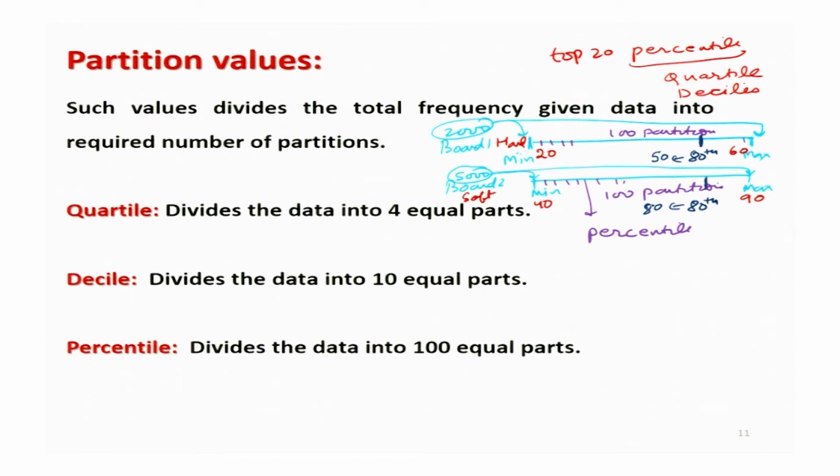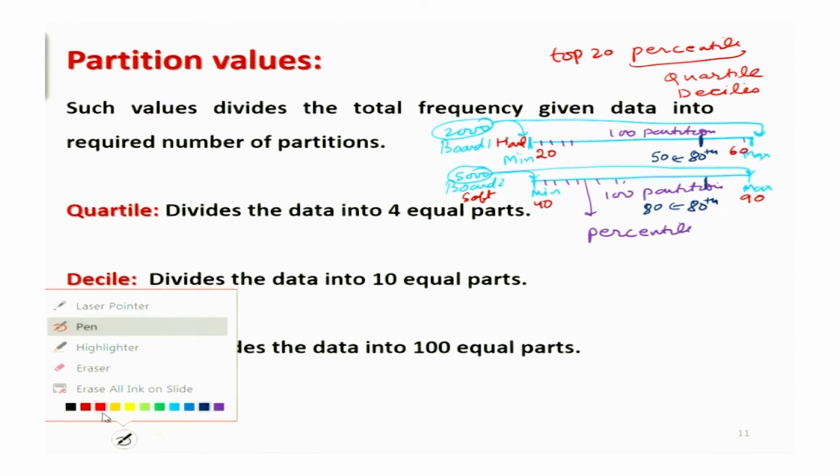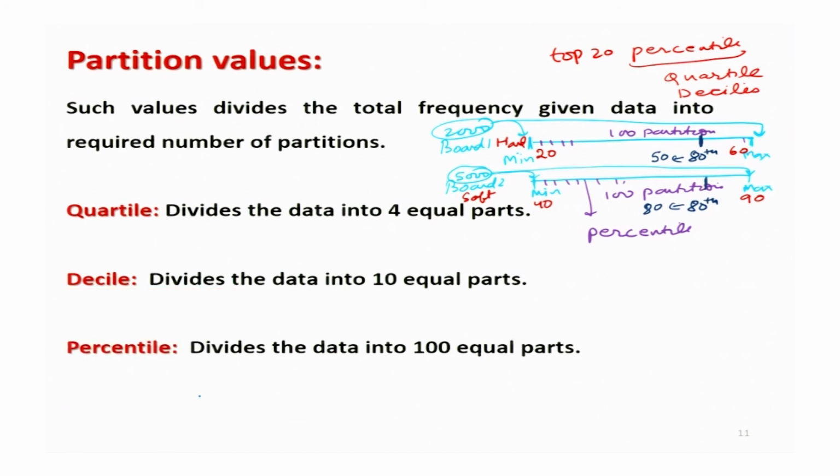Now they will make a very simple rule that all those students who have got marks more than the 80th percentile of the respective board are eligible to apply for admission.